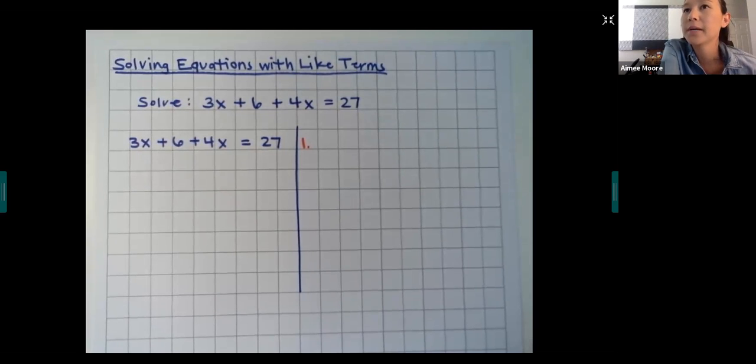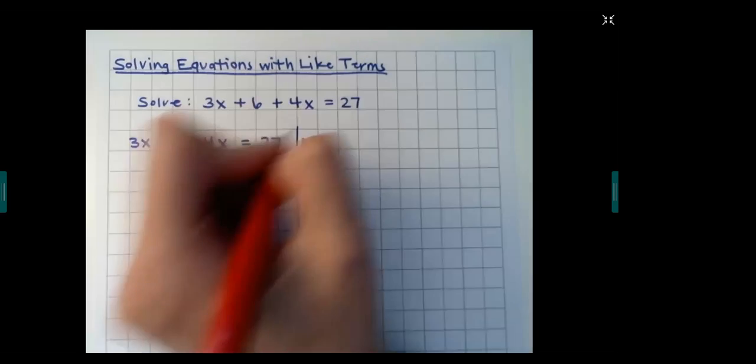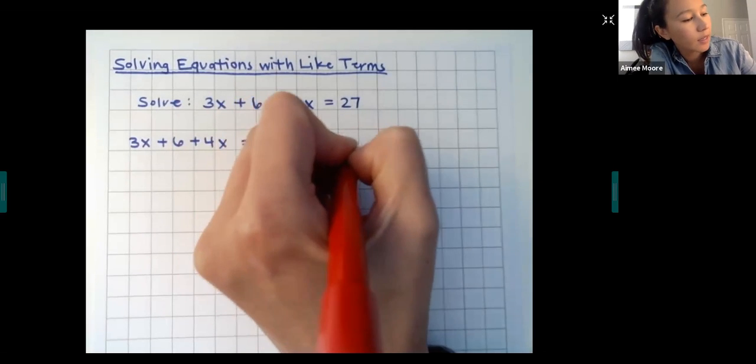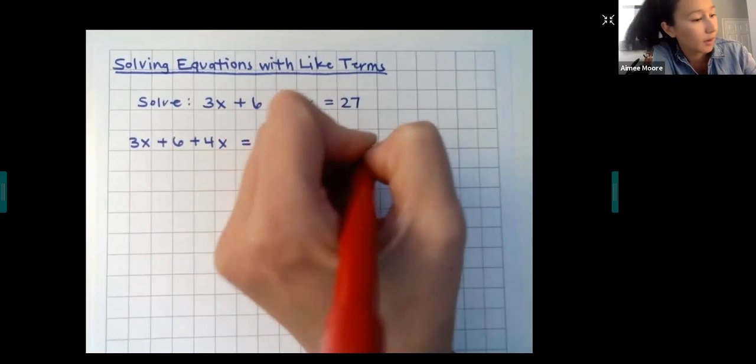Okay, so the first thing we want to do is draw a wall at the equal sign. And you're going to see why we do that in just a minute.